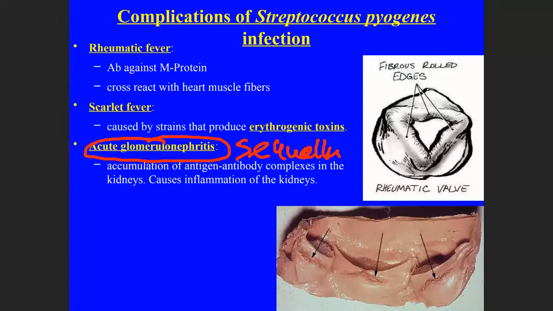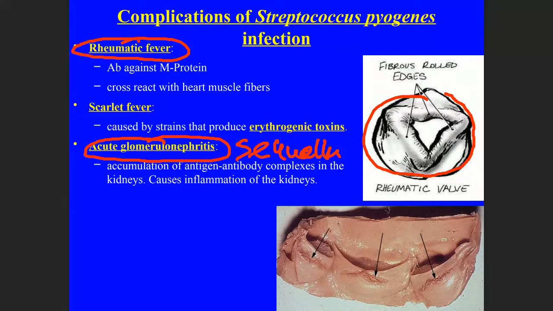Something else that can happen with strep pyogenes infections is something called rheumatic fever. What happens here is that when you're infected with the bacterium, you produce antibodies against the bacteria, but those antibodies can then attack your heart muscle fibers, especially the area right around your heart valves, and cause the heart valves to get swollen and inflamed, producing what are called rheumatic valves.